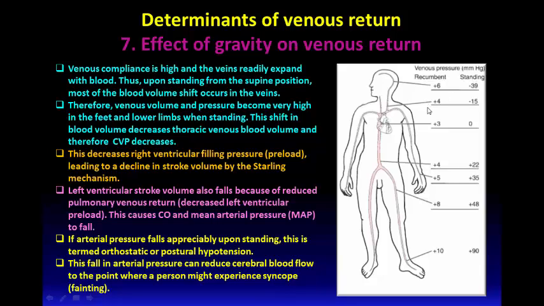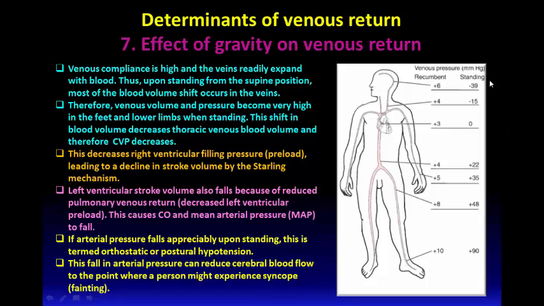In the recumbent position, which is the supine position or the lying down position, the venous pressure in the veins at the level of the heart is positive 3 millimeters of mercury, and the venous pressure increases slightly in the veins above the level of the heart and also increases in the veins below the level of the heart, with the maximum venous pressure in the veins of the feet.